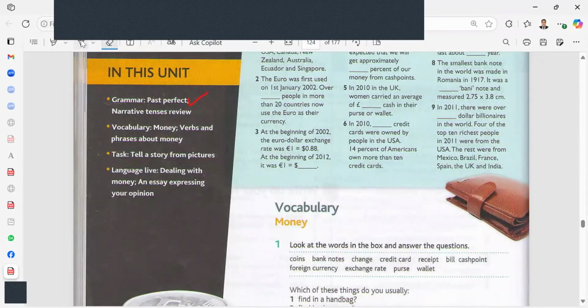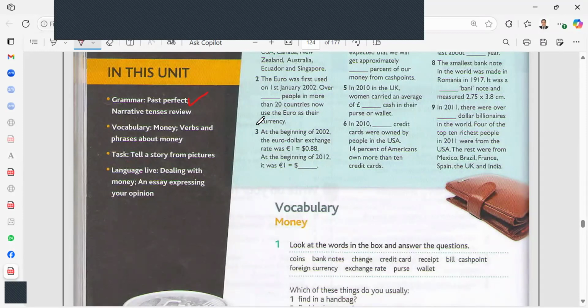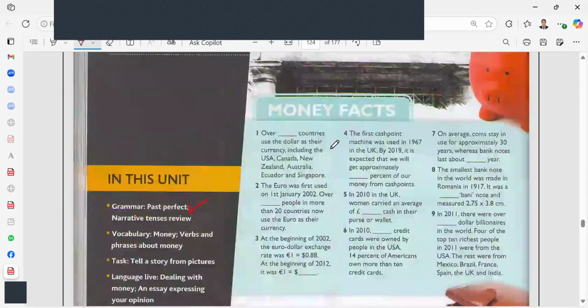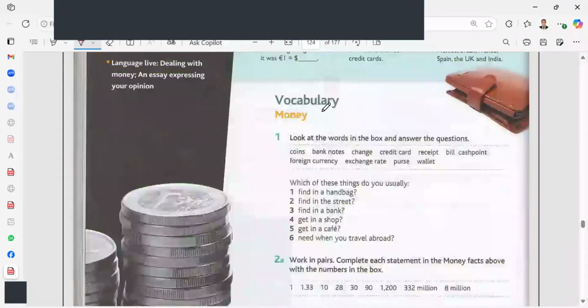For language for life, dealing with money, and an essay expressing your opinion about how we deal with money. So before we start, Yajud, let me ask you, is money important for you?